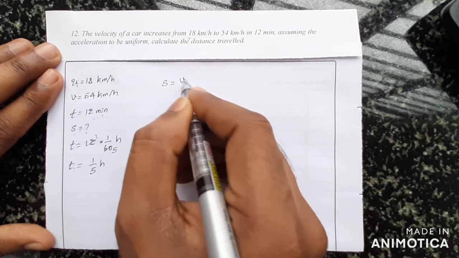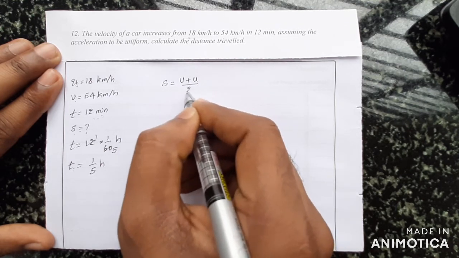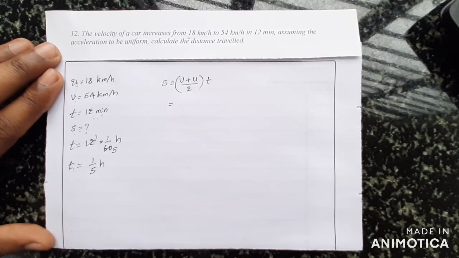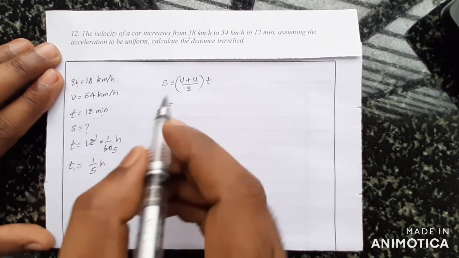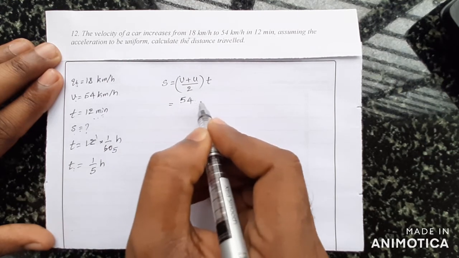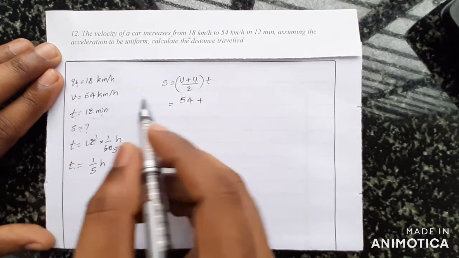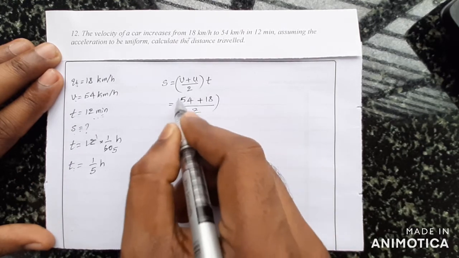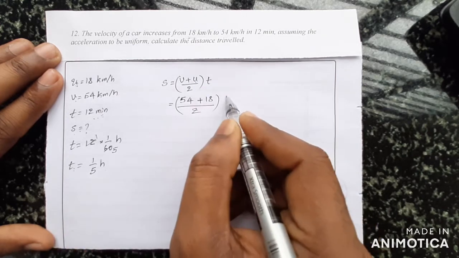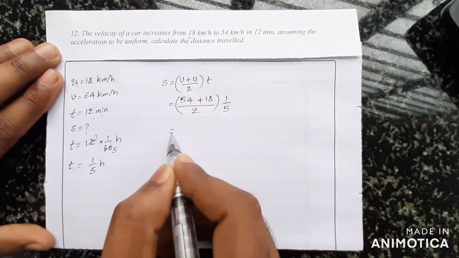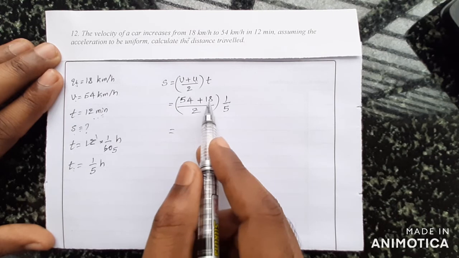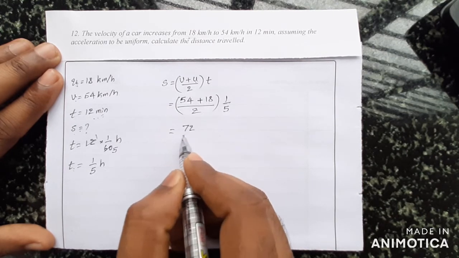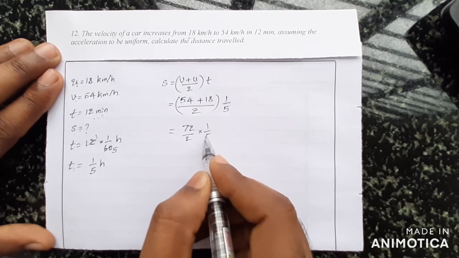What is average velocity? v plus u by 2, into time. What is v? Final velocity given here, 54 km per hour, plus u, initial velocity, 18 km per hour, divided by 2, into time, which is 1 by 5. Okay. 54 plus 18 is going to be 72 by 2 into 1 by 5.